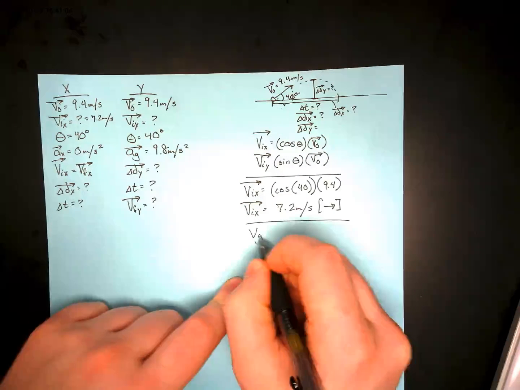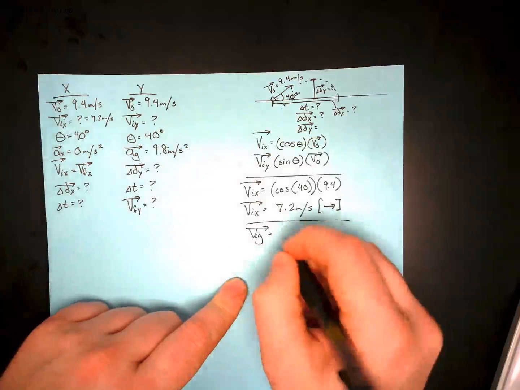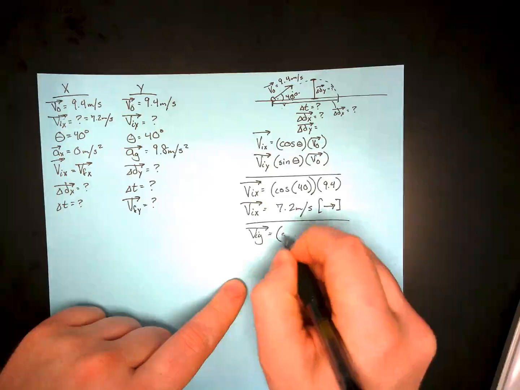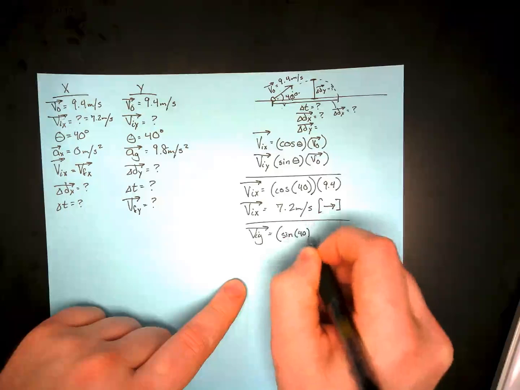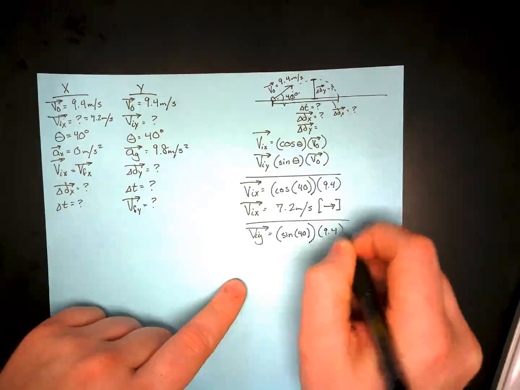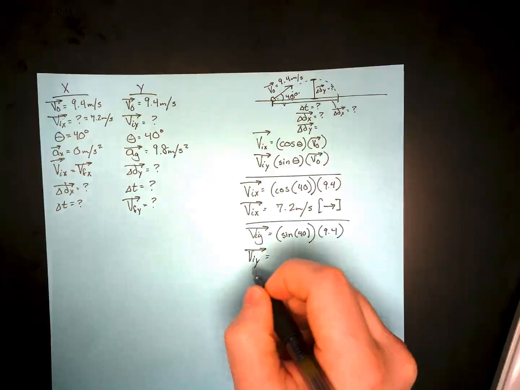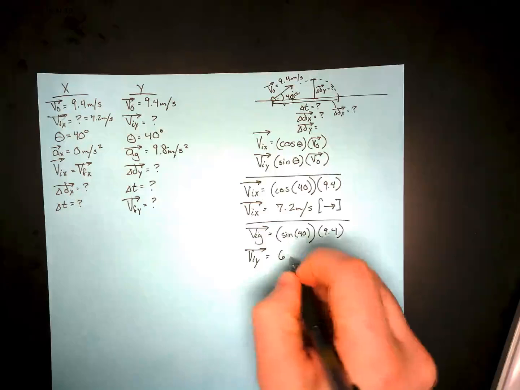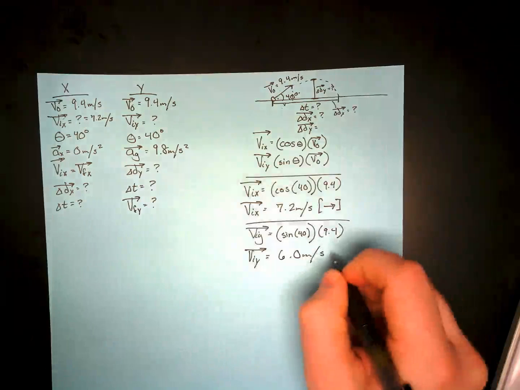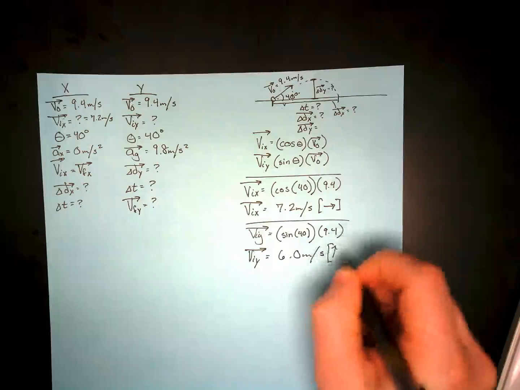And then our initial y velocity is going to be sine of 40 times 9.4. And what we should get is 6 meters per second. And in this case, it's going to be in the upwards direction.